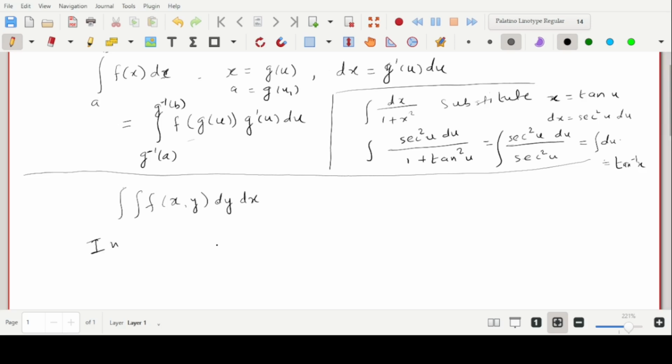Integration by substitution, what is the general method?